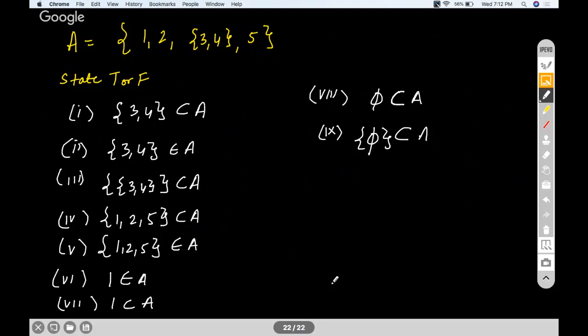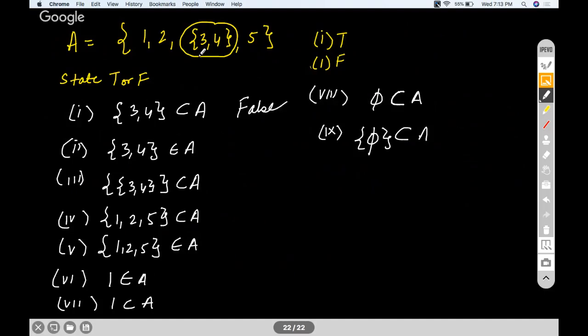Okay, let's go step by step. All of you, please answer. First one, is it true or false? Just write true or false. What do you think? That would be considered a single element. This would be a single element when you're writing the power set. Is this true or false? It's false.